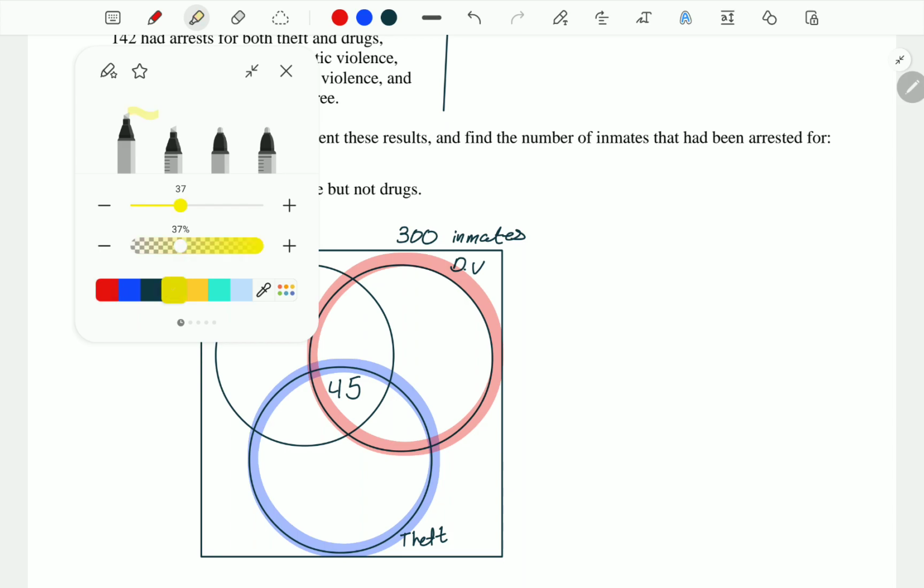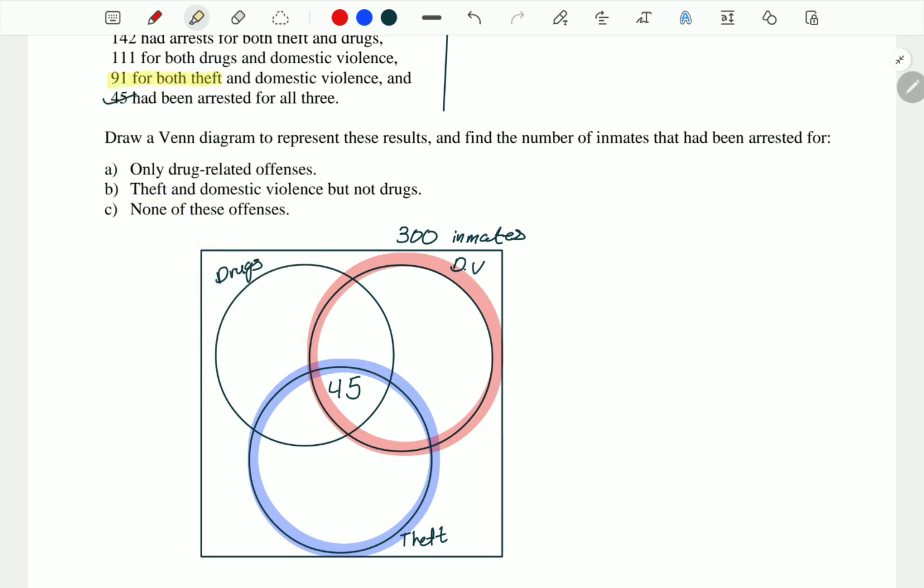Put back on the yellow highlighter. Both theft and domestic violence. It is true that this area right here is both theft and domestic violence. But at the same time, the intersection of all 3 is also theft and domestic violence.